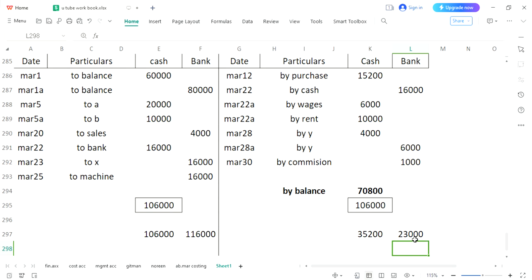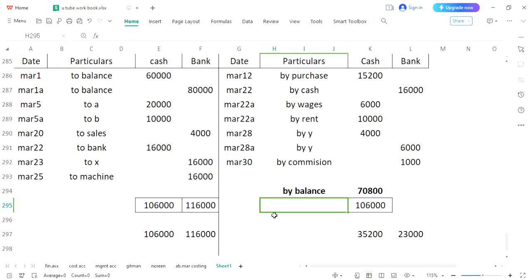Now we will pick the larger sum. The larger sum is 1,116,000. So we are going to write the larger sum on both sides, but we will put a square or border. The same larger sum would be posted on the other side as well.